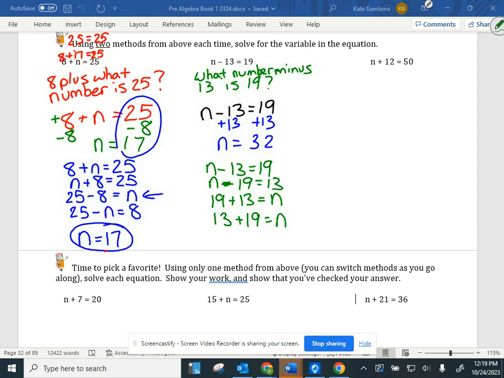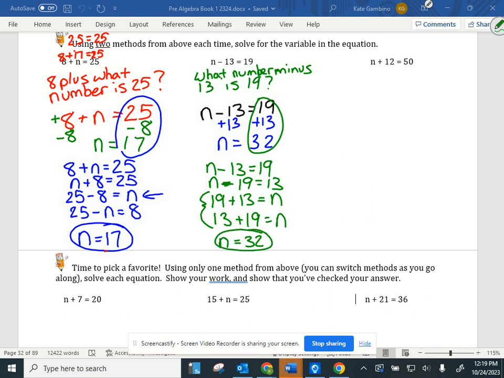So either one of these is going to get us our answer. So let's see if that n does equal 32. I am not done yet.